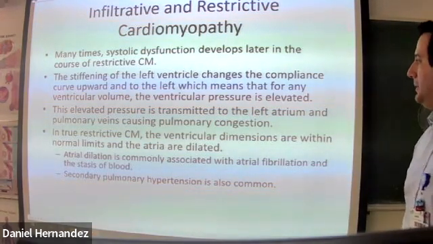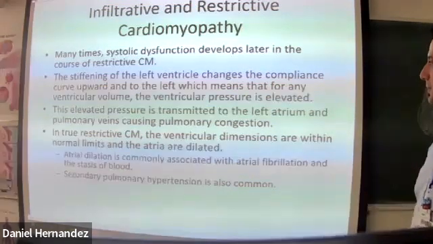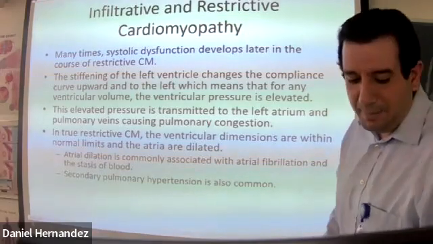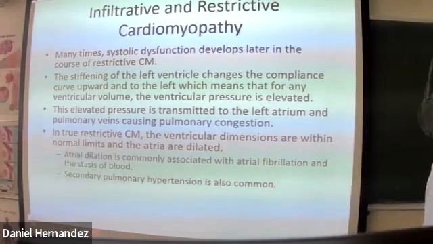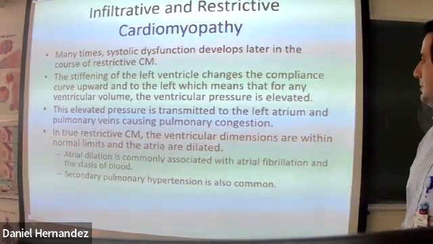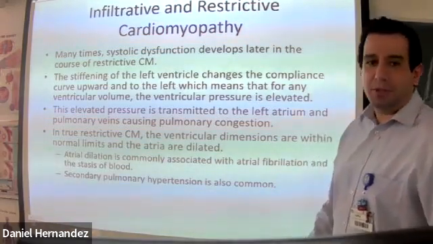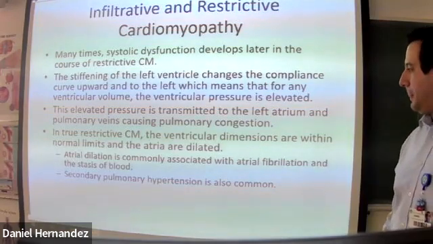Hypertrophic cardiomyopathy, those patients, they have preserved systolic function. In fact, they have increased systolic function, so they're hyperdynamic. Their biggest issue is not having enough blood volume within the ventricles. Dilated cardiomyopathy, they have too much blood in the ventricles and a reduced systolic function.